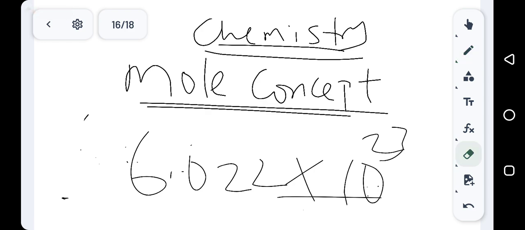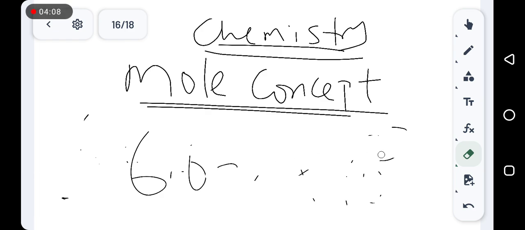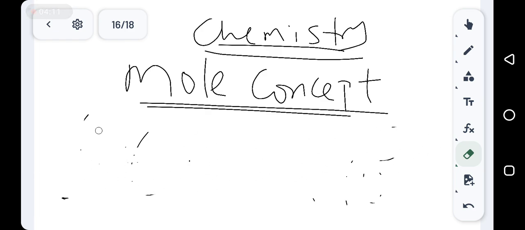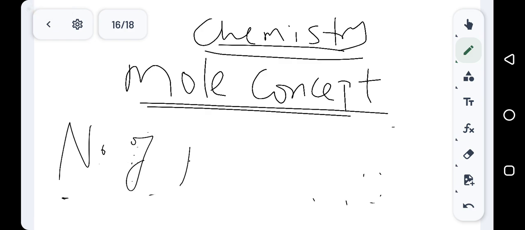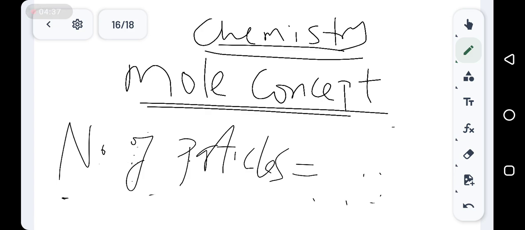If you have a mole and you want to calculate the number of particles there, you say that the number of particles is equal to the mole that you have times the Avogadro's number.